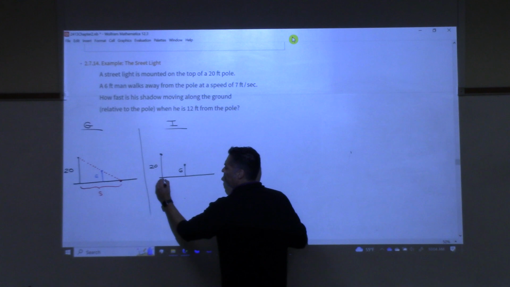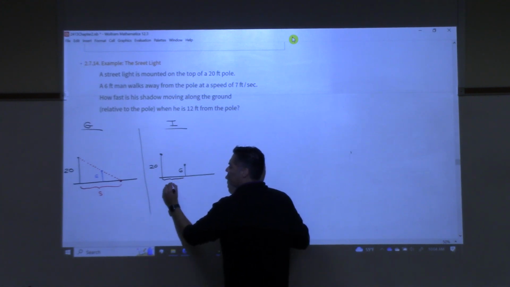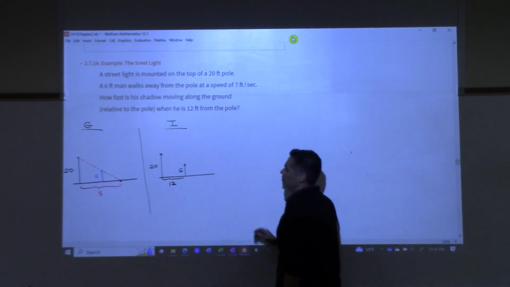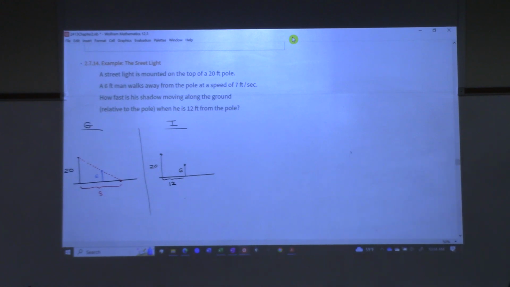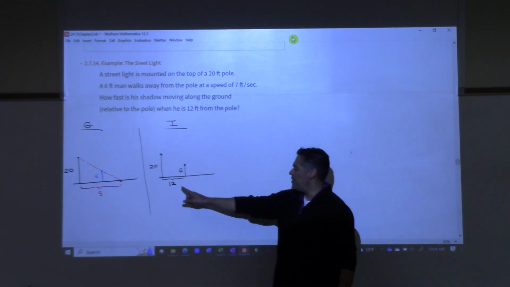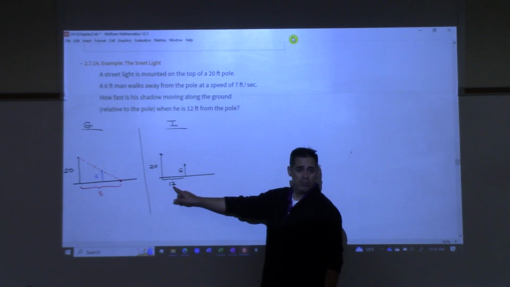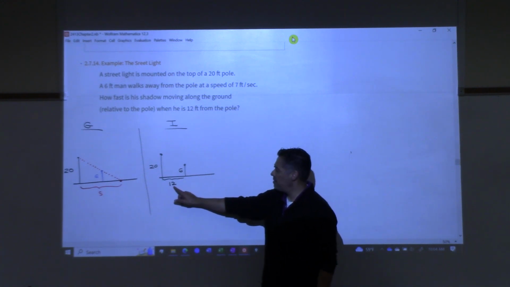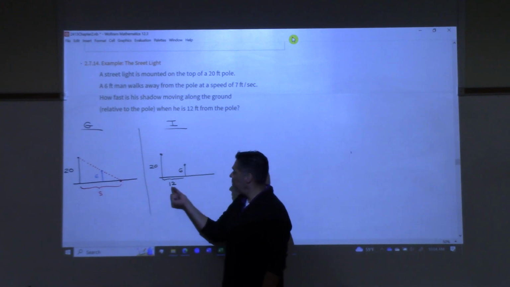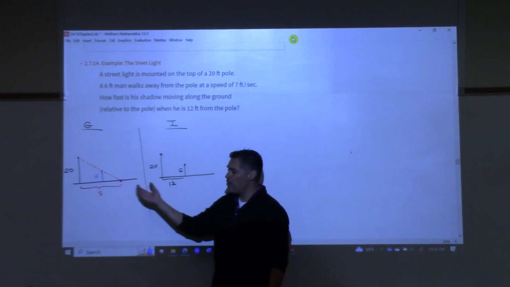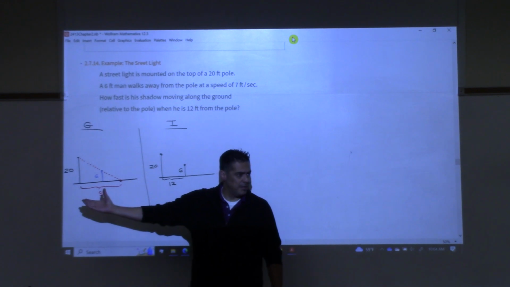So this distance from here to here is 12. Do y'all agree? Is that S? Is this S? No, right? S is the distance from the pole to the tip of his shadow. This distance, 12, is not represented in this picture, is it?